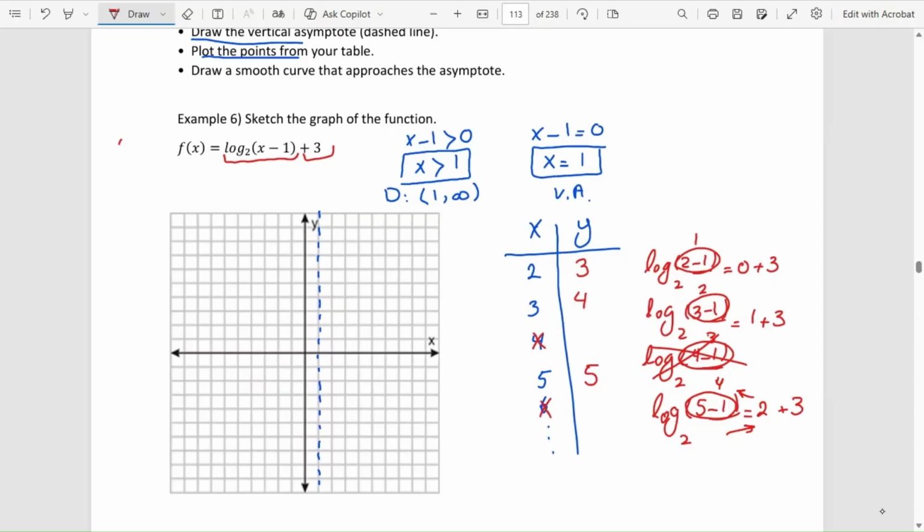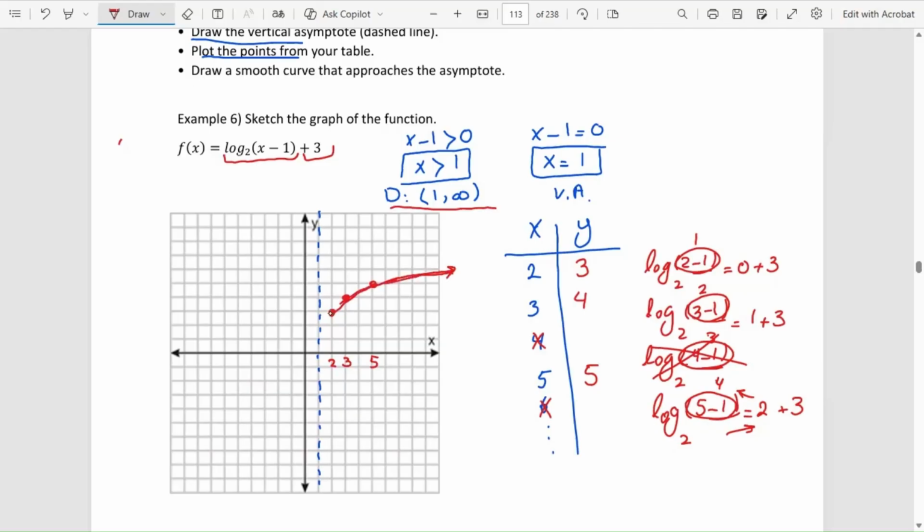Now let's find the points: 2 and 3, 3 and 4, and 5 and 5. We need to connect them. We said that the domain is from 1 to infinity, which means your graph also must start from 1 and go to positive infinity.